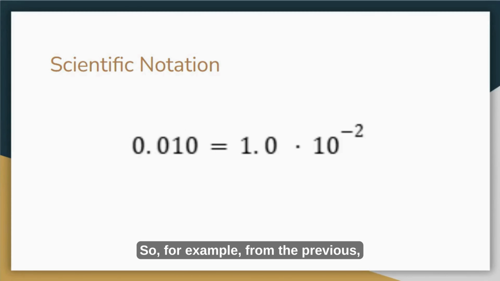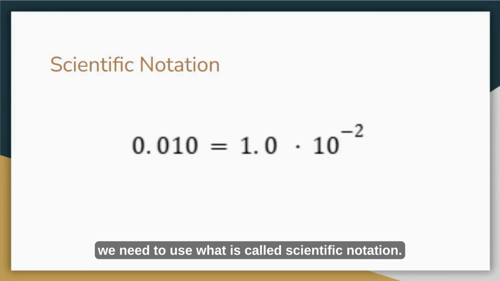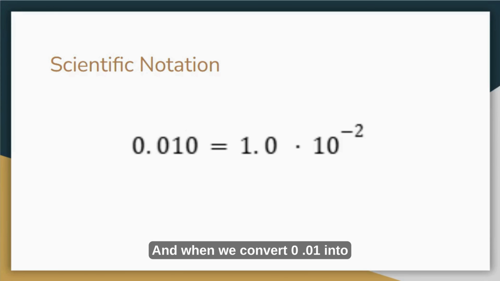So, for example, from the previous, I got 0.01, right? In some cases, we need to use what is called scientific notation. And when we convert 0.01 into scientific notation, it's 1.0 times 10 to the negative 2.